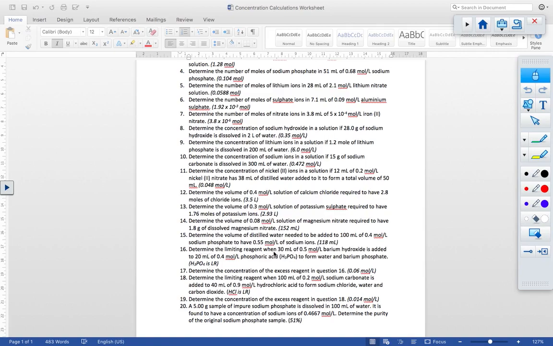So determine the limiting reagent when 30 mL of 0.5 mole per liter barium hydroxide is added to 20 mL of 0.4 moles per liter phosphoric acid. Hopefully you should know phosphoric acid is H3PO4, but it is given to you, and it forms water and barium phosphate.